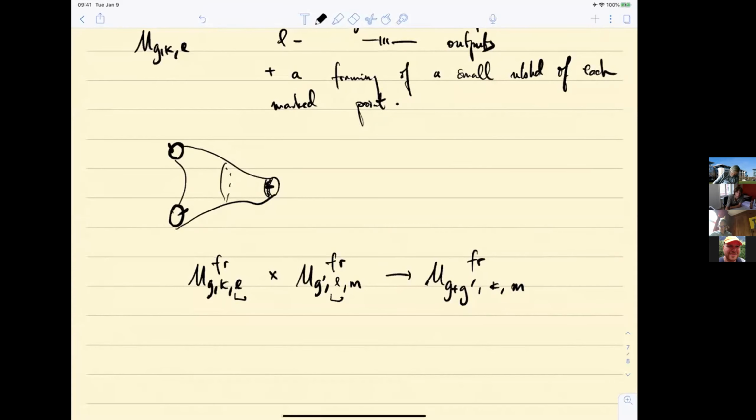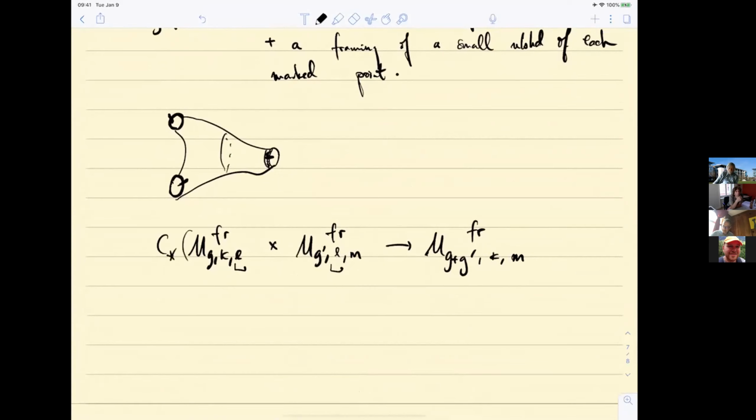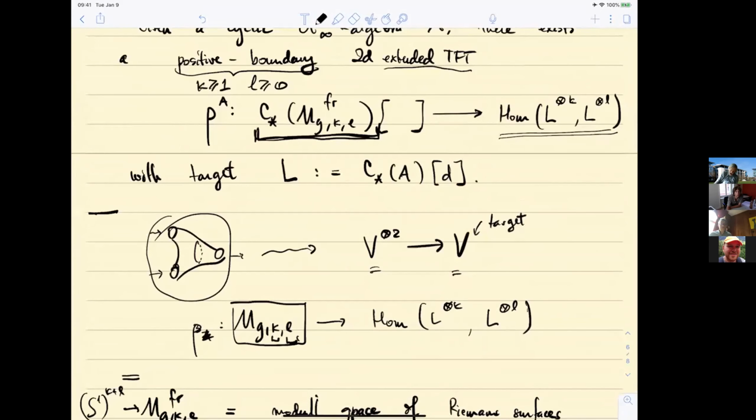And what I want is that it certainly induces a map that looks like this on singular chains. And I want that to correspond to composition under the action of rho_A. This is exactly what saying that I have a field theory means.